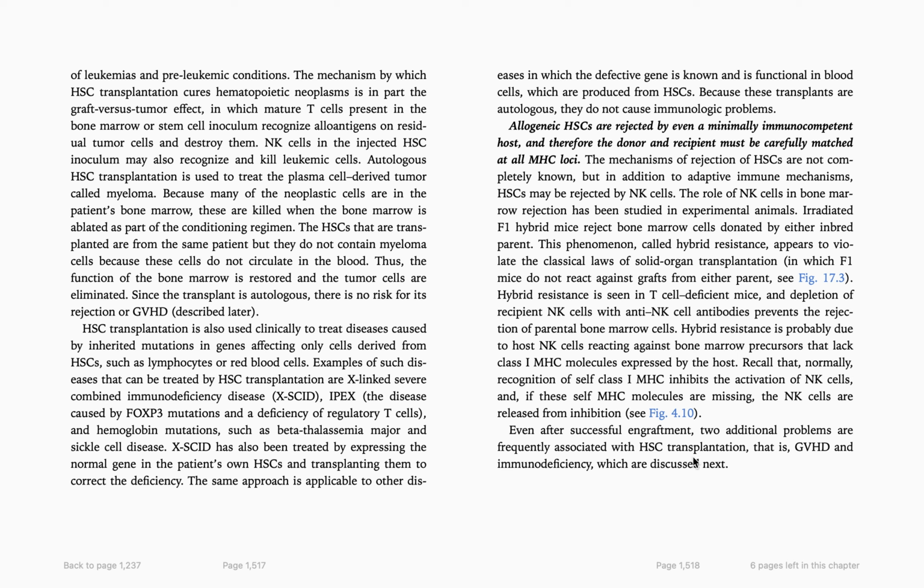The hematopoietic stem cells transplanted are from the same patient, but they do not contain myeloma cells because these cells do not circulate in the blood. Thus, the function of bone marrow is restored and tumor cells are eliminated. Since the transplant is autologous, there is no risk of rejection, described later.